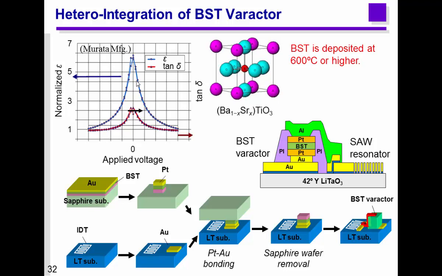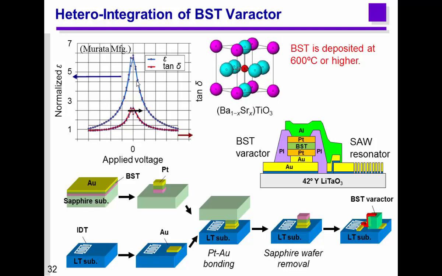So the BST was deposited on the sapphire wafer, and then patterned into the capacitor. On the other hand, on the lithium tantalate wafer, the surface acoustic resonator was fabricated in a standard manner.